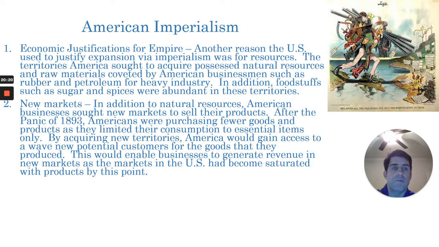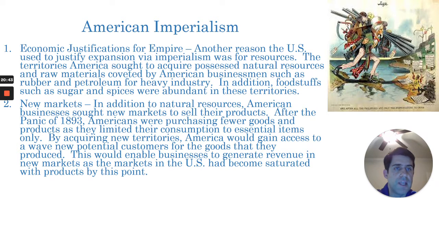And you can see in the image in the upper right-hand corner of this slide, Uncle Sam, he's crossing over into, I believe it's China, and there are signs greeting him, seeking American products.